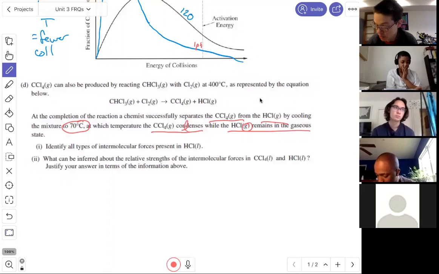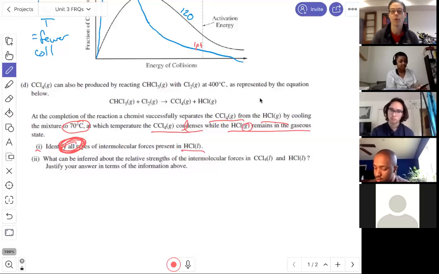Okay, so question number 1 says identify all types of intermolecular forces present in HCl. This is a 1 point question, and if you don't list them all, you don't get the 1 point. But it should be easy.